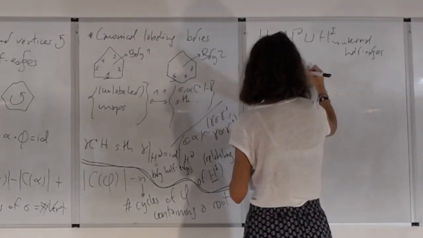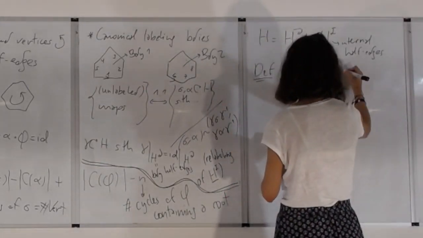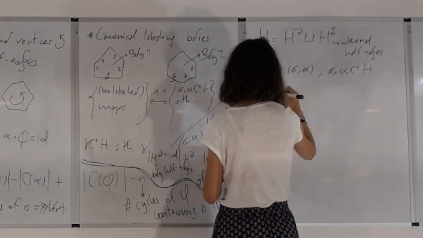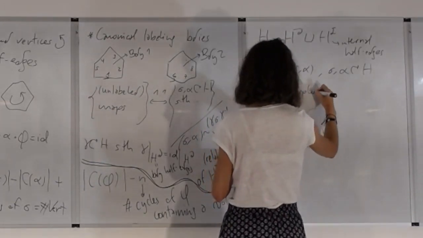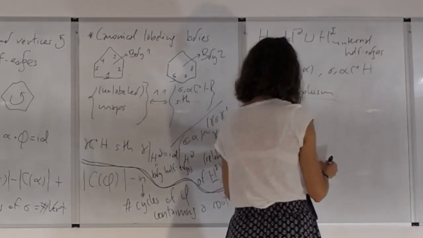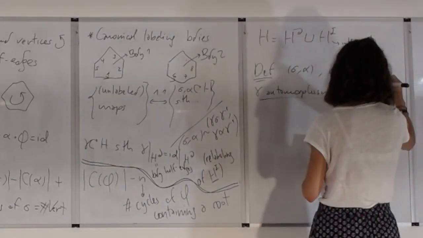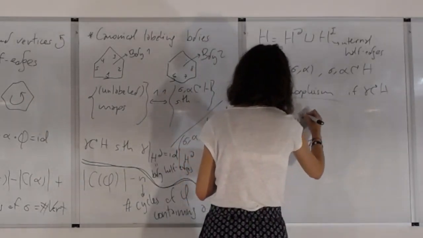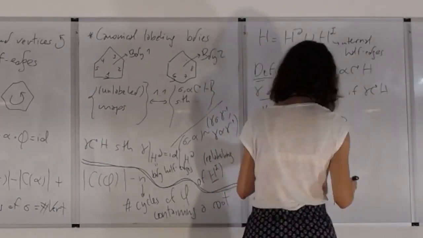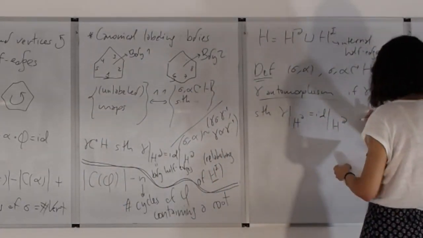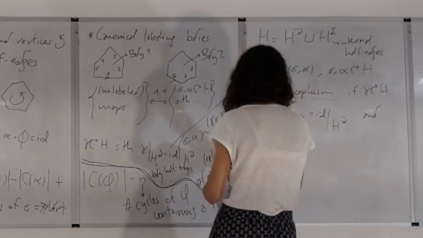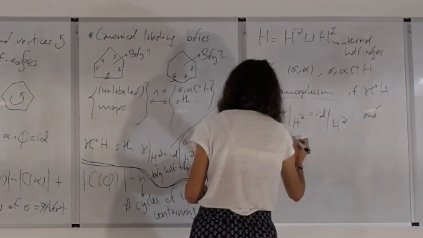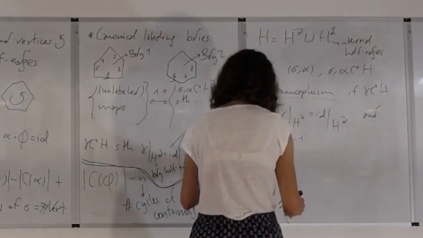If we have a combinatorial map with sigma and alpha acting on the half edges, we call gamma an automorphism if gamma acting on the half edges fixes the boundary, and these are actually equalities. So we actually have that they commute with sigma and alpha.